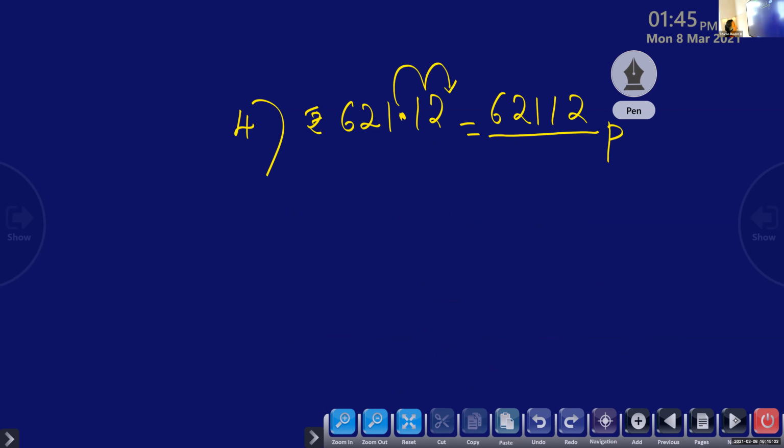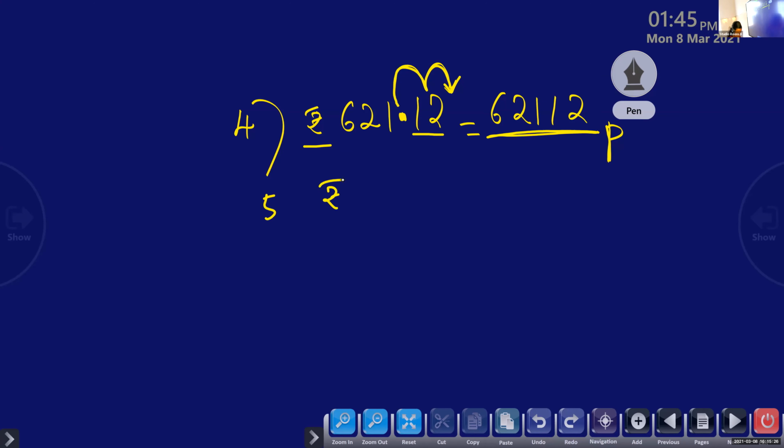Now rupees again with the paise, that is the decimal part. So how much paise? Write the number without any decimal point. That means we are shifting the decimal point 2 digits from left to right.